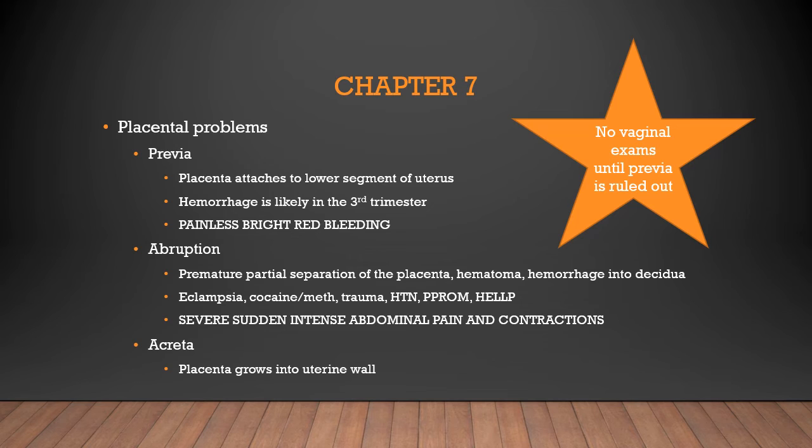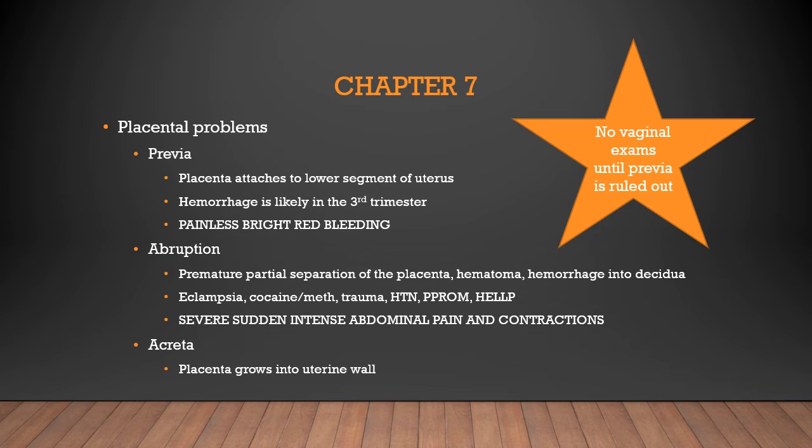Placenta accreta is when the placenta implants itself too deeply into the wall of the uterus. And there are 3 types of accreta. There's placenta accreta, where the invasion of the trophoblast goes beyond the normal boundaries, so that's about 80%.